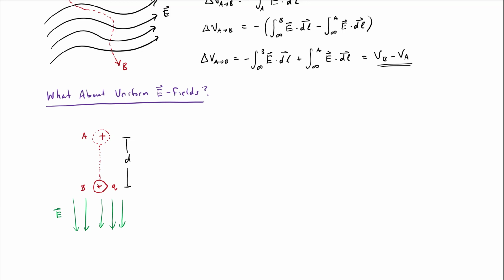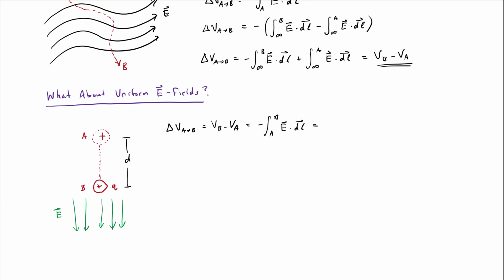So our question now is, instead of looking at a general case, we want to see how much we can simplify this if we make sure the charge moves within a uniform electric field. In that case, I have delta V, A to B, equals VB minus VA. It's going to be equal to negative integral from A to B of E dotted with dl.